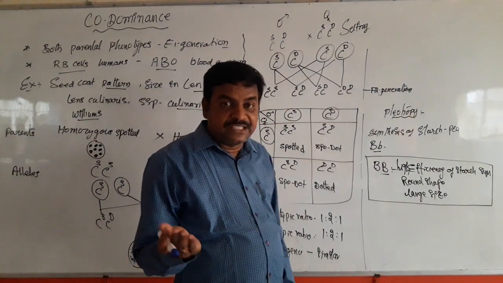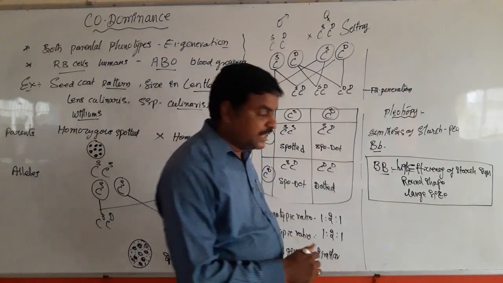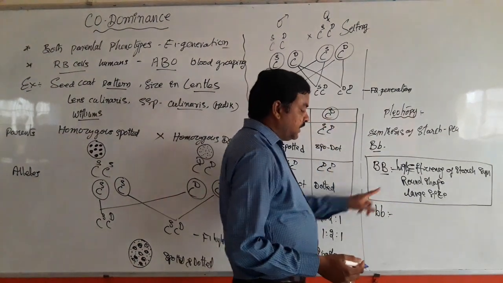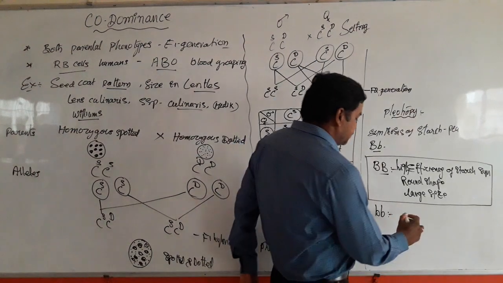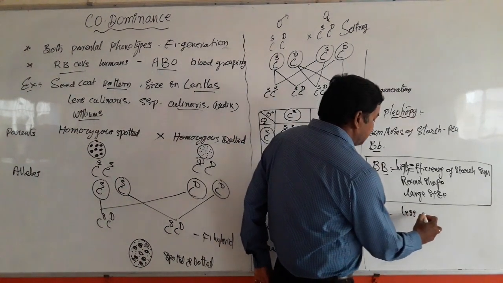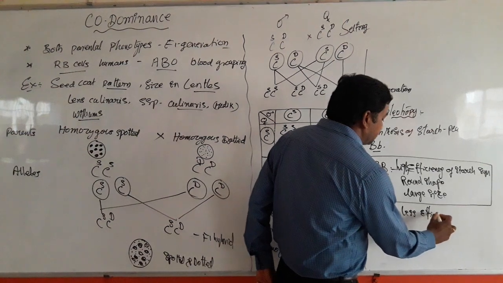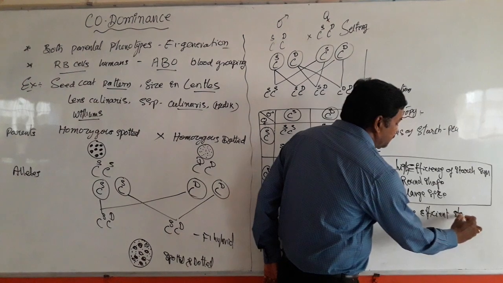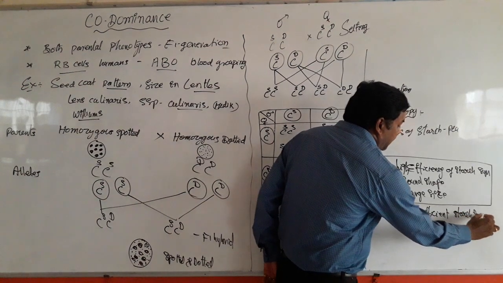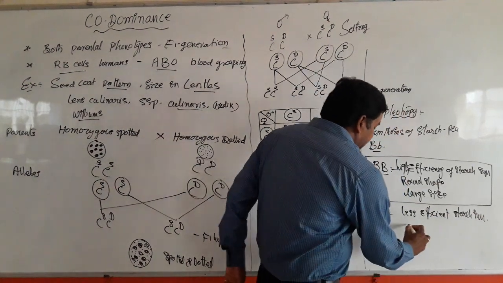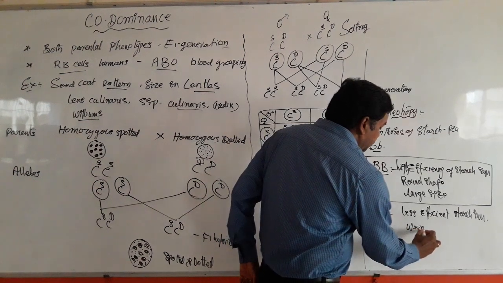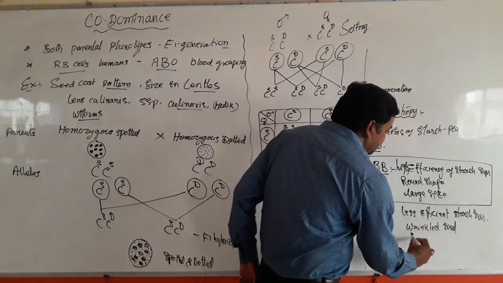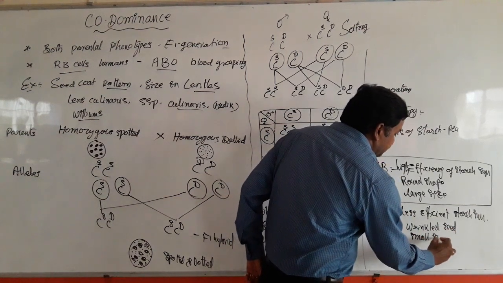But if these alleles are present in a recessive condition, small b, they are also responsible for three characters: less efficient starch synthesis, wrinkled seeds, and very small sized seeds.